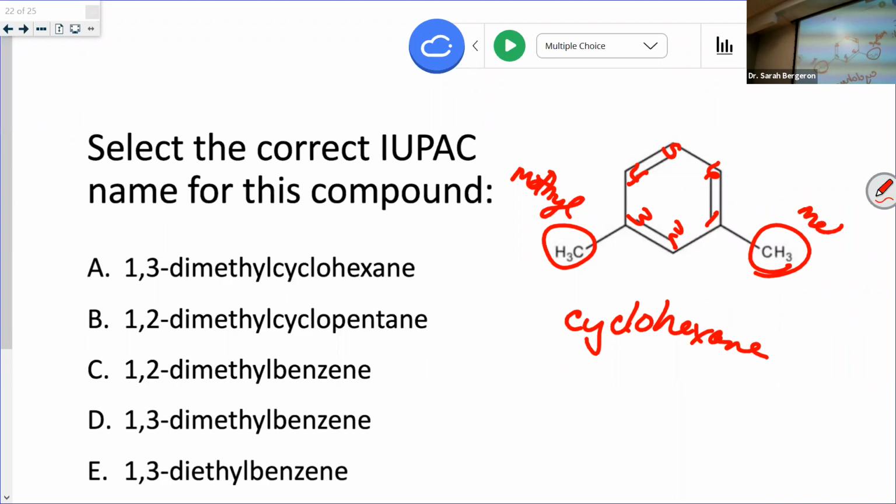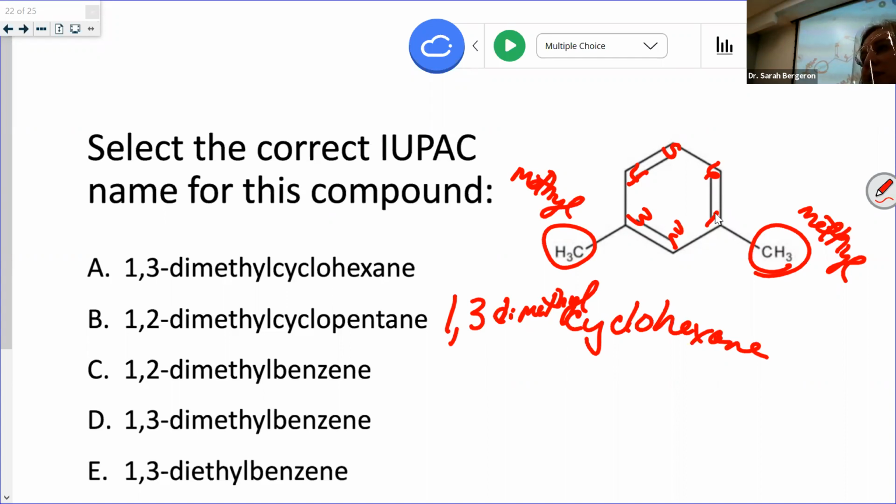Methyl groups. Okay, so what positions are they at? They're at 1, 3. Then what do I say? Dimethyl. Cyclohexane. 1,3-dimethylcyclohexane.